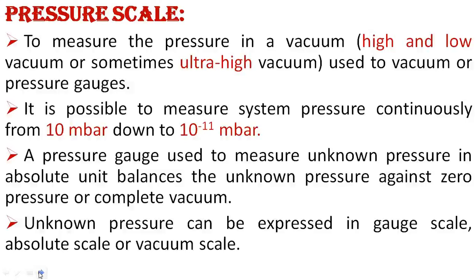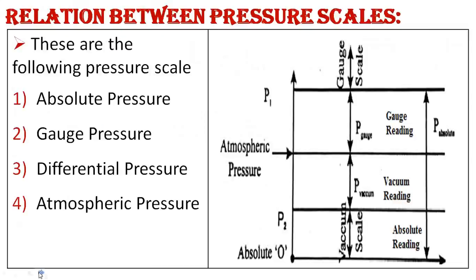So these are the three scales to measure the unknown pressure of a measurement system. Now this diagram shows how two different pressure scales are related. These are the following pressure scales: absolute pressure, gauge pressure, differential pressure, and atmospheric pressure. At the zero level, we have the absolute pressure of the measurement system. Then we go in the upward direction, and you will get the gauge pressure.